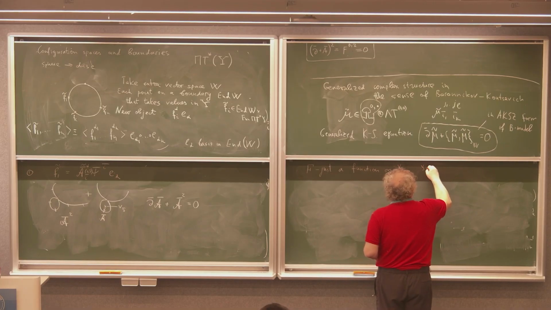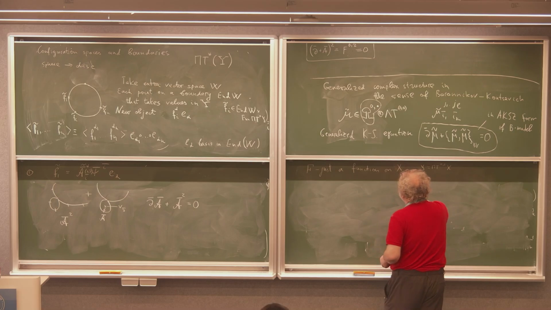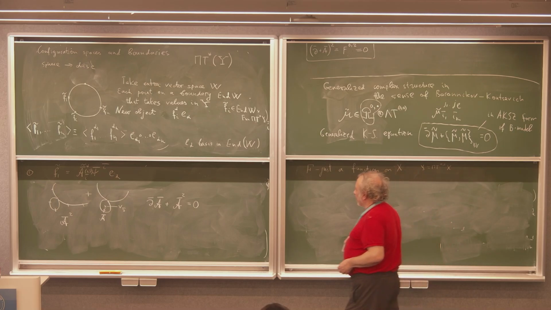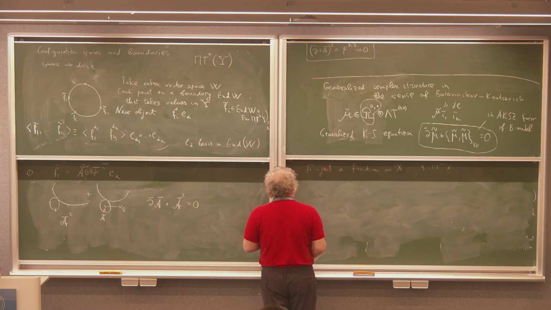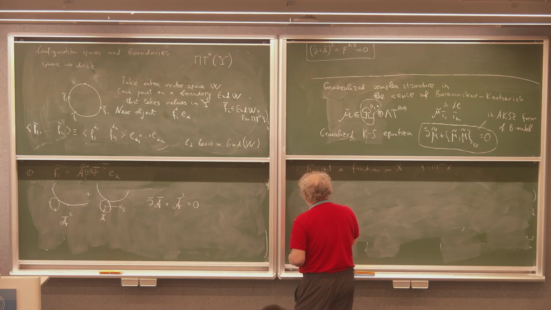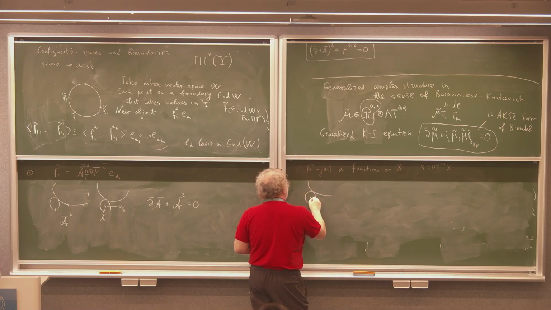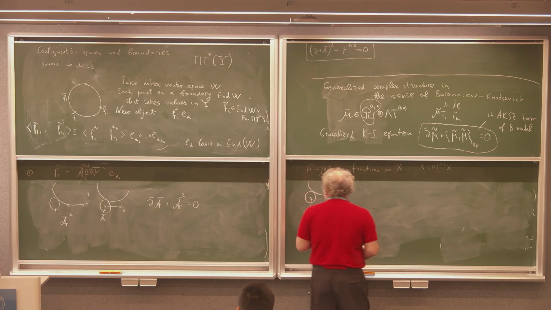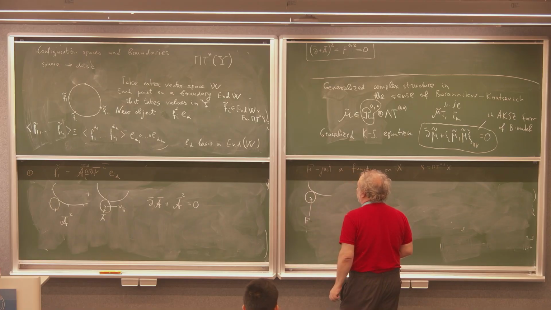So y is PT01 for x. Then we have the following boundary terms. We have a boundary term that I will draw like this. It just means that the function goes to the boundary.